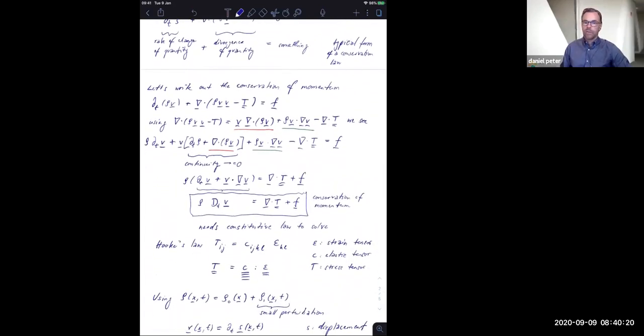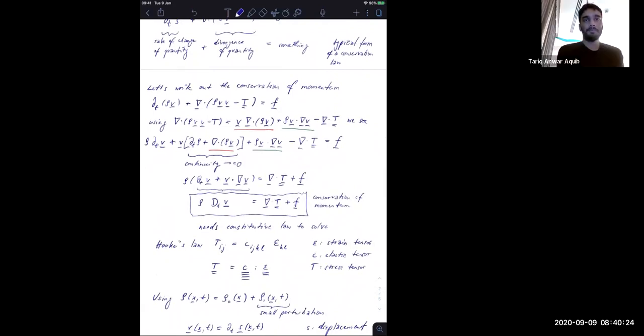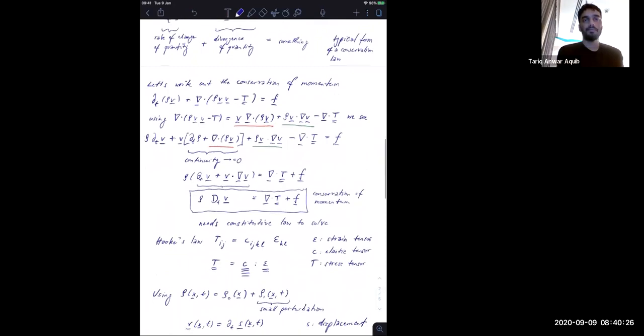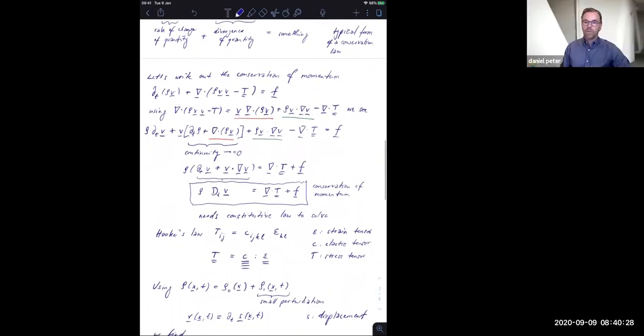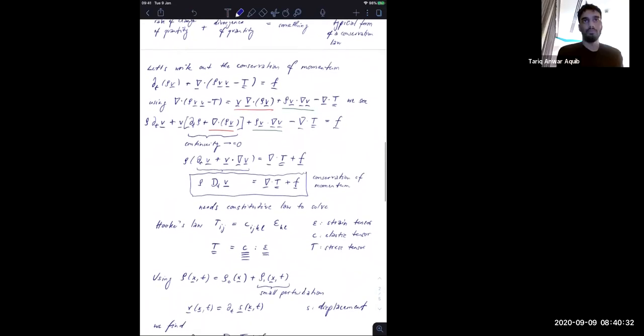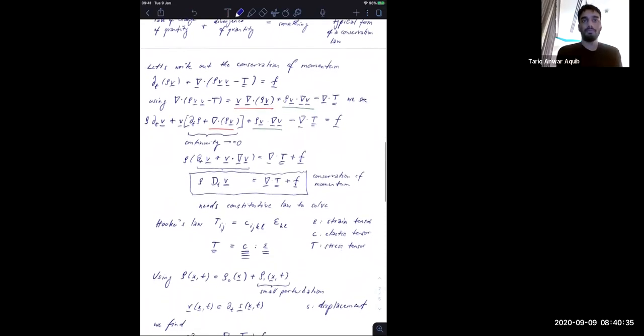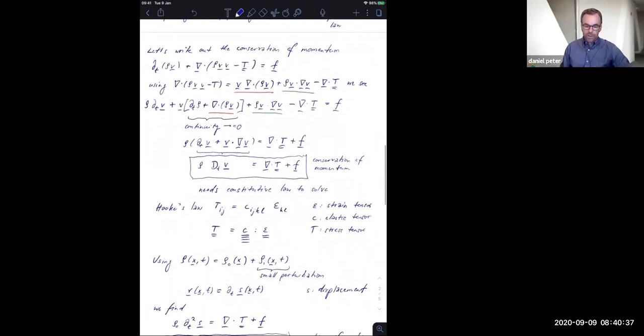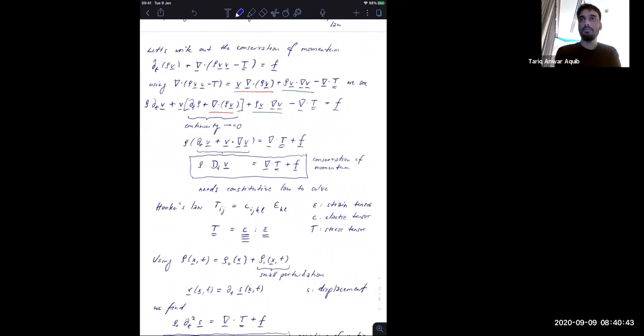It's again a conservation of momentum equation, just written using the material derivative. And in order to find solutions to that, we need a constitutive law, which in our case, when we use elasticity, links the stress tensor to the strain tensor, where the strain tensor depends on the displacement.